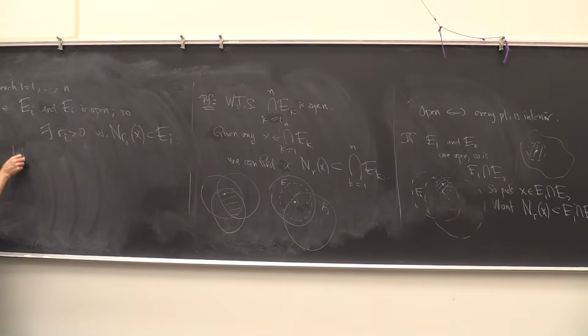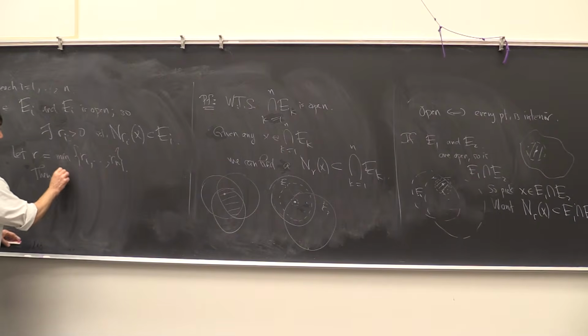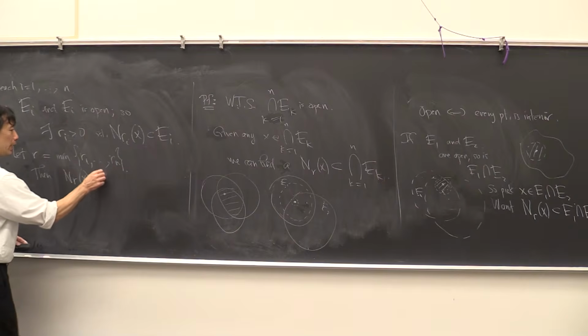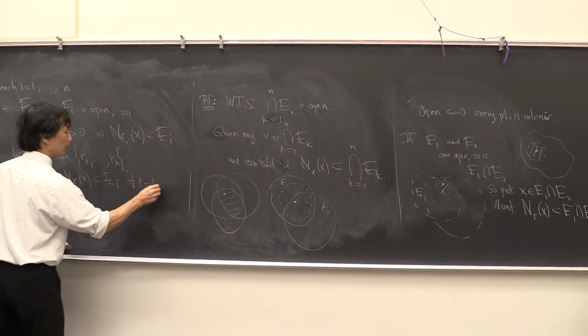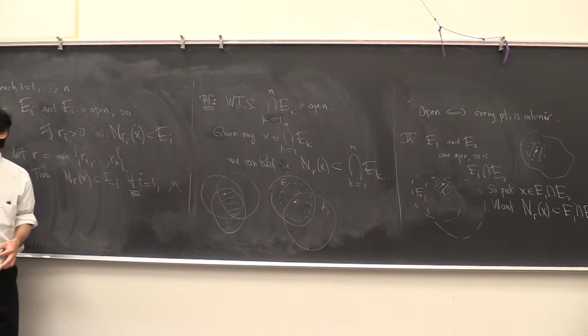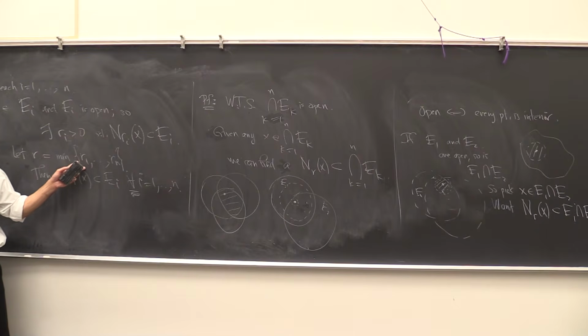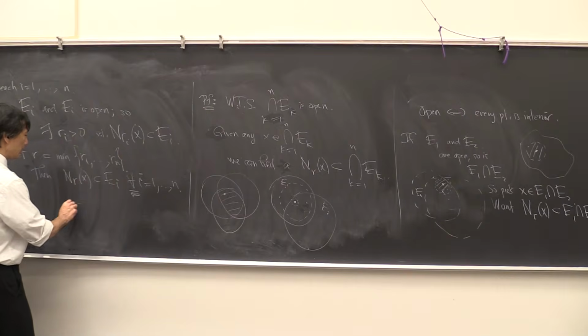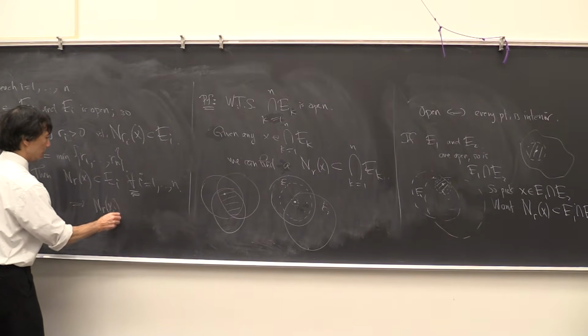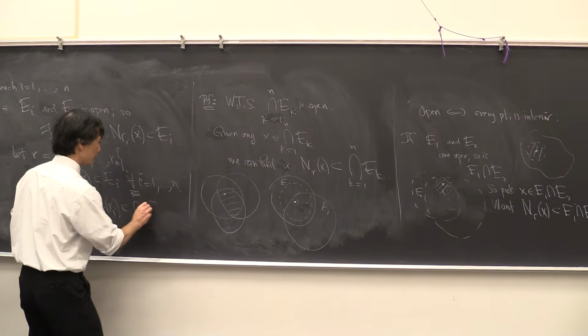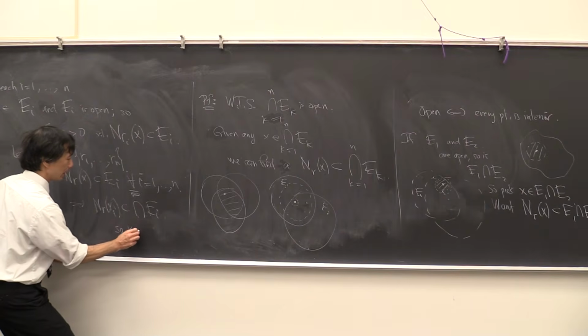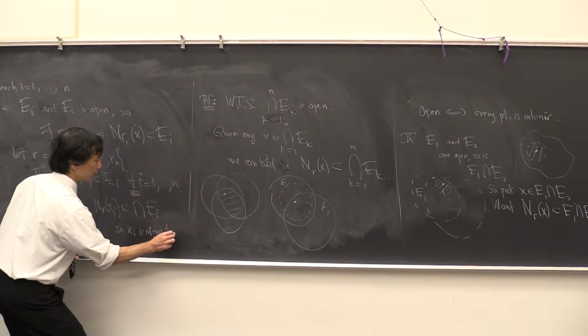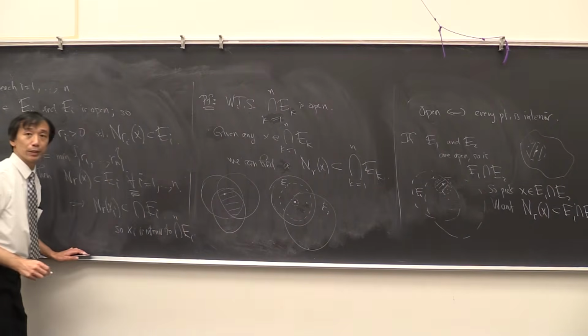Then let R be the minimum of R1 to Rn. Then the neighborhood of radius R around x is contained in Ei for all i, because it's the smallest one. And thus the neighborhood is contained in the intersection of the Ei, and so x is interior to that finite intersection.